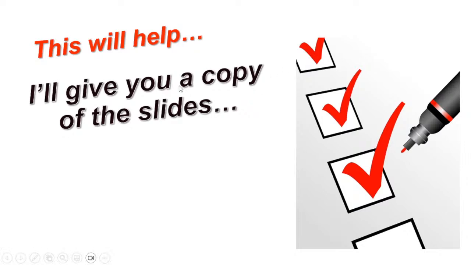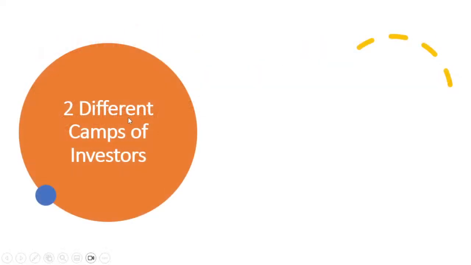Okay? All right. So there are two different camps of investors, two major schools of thought when it comes to approaching the stock market. Yet they are polar opposite when it comes to what they believe drives stock prices. The first is the fundamental analyst.